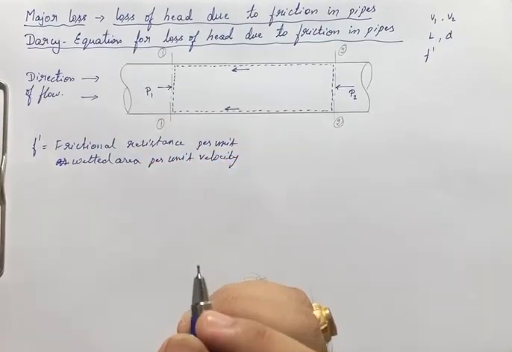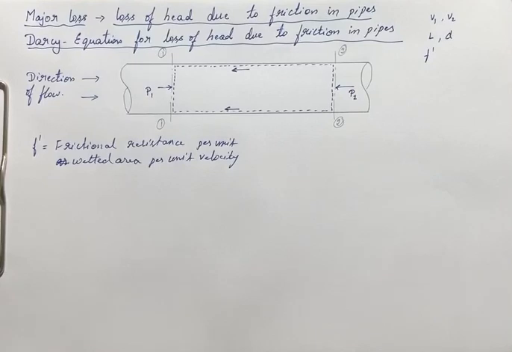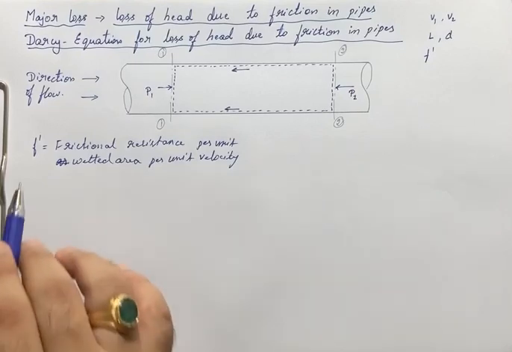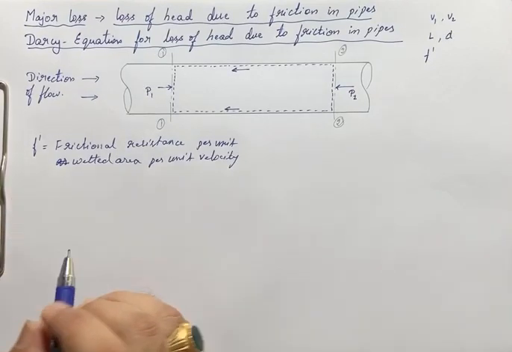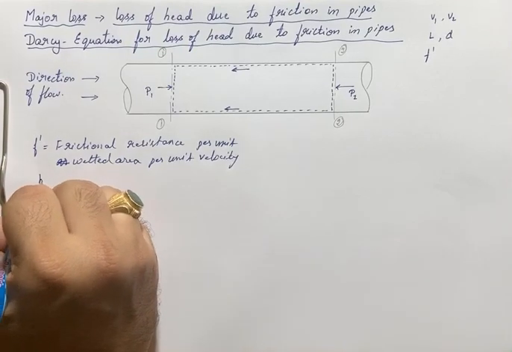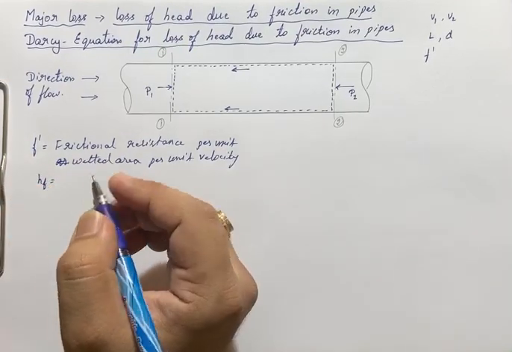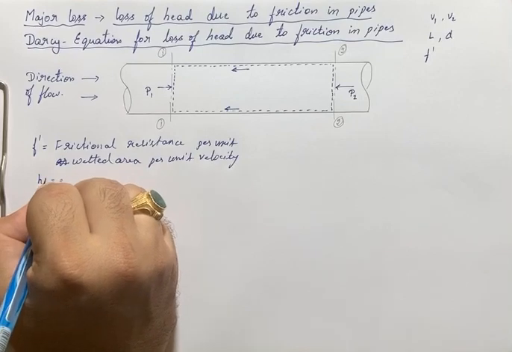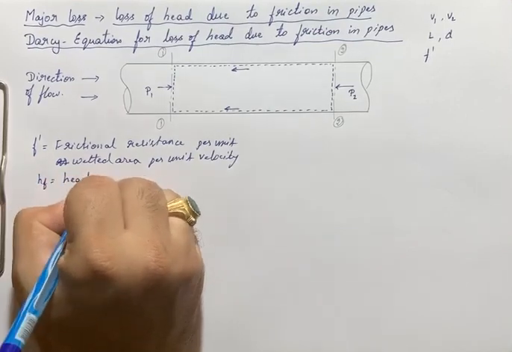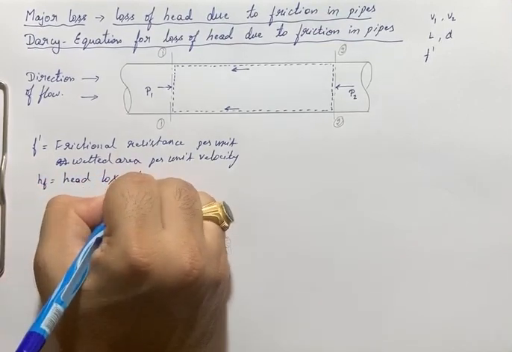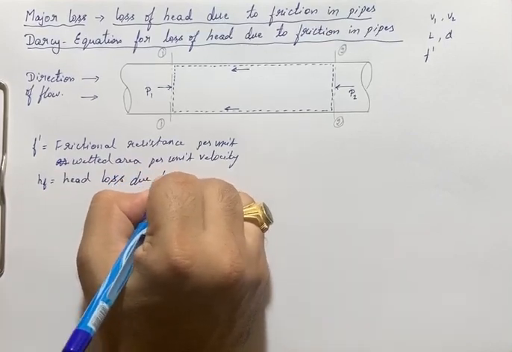This is called the frictional resistance per unit wetted area per unit velocity. This is nothing but F dash. And one more term we will introduce is HF. HF is nothing but the head loss due to friction.